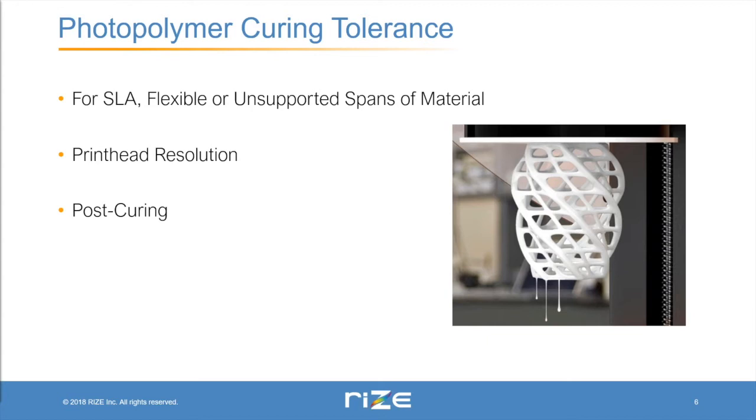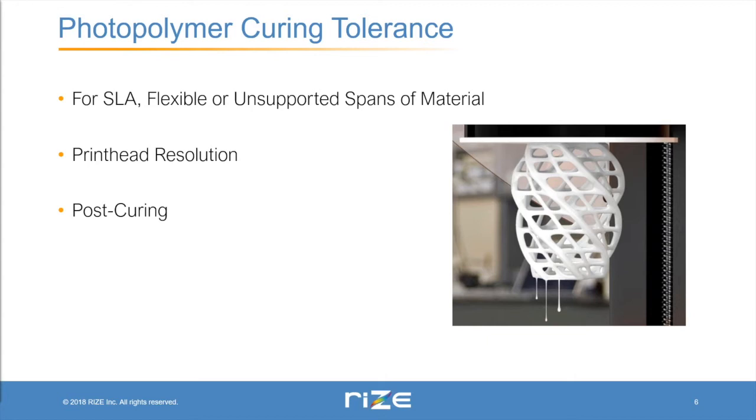The other method is to jet photopolymer resin onto a build plate and cure it as it builds using UV lights. So both of these, because they're working with a liquid, can achieve quite high degrees of precision because they have such high resolutions both with the print heads and with the lasers that they use.